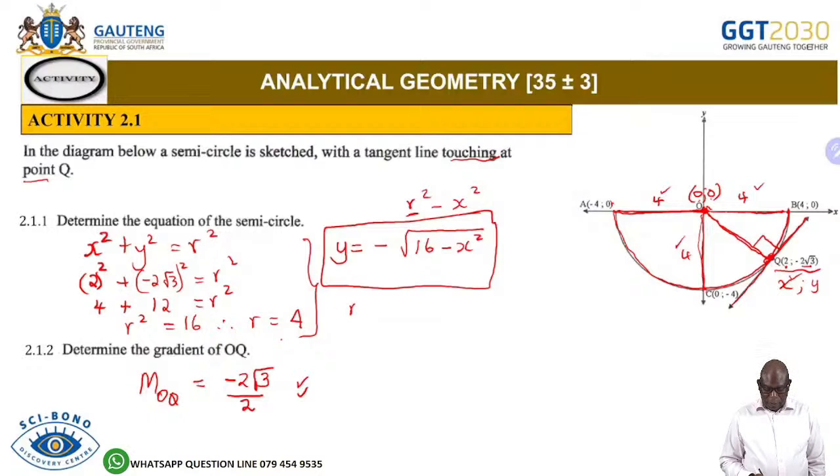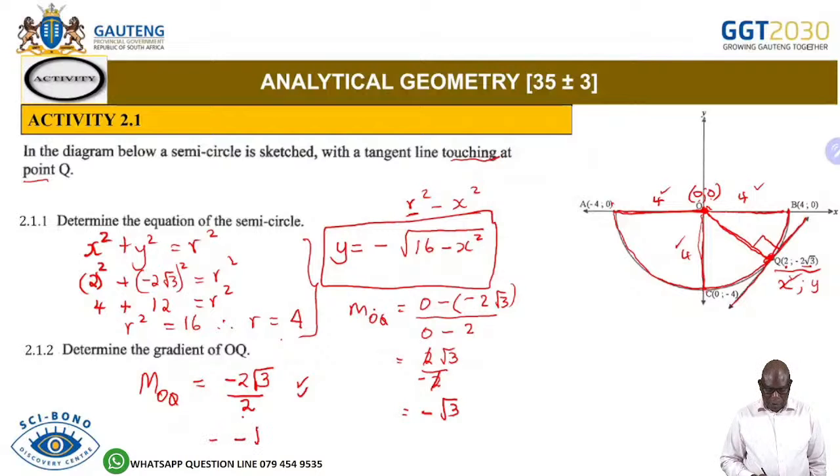If I work it out, the gradient of OQ will be 0 minus negative 2 square root of 3, divided by 0 minus 2. That gives me positive 2 root 3 over negative 2. This cancels this, and the answer will be negative square root of 3. If I simplify it further, we still get the same answer.